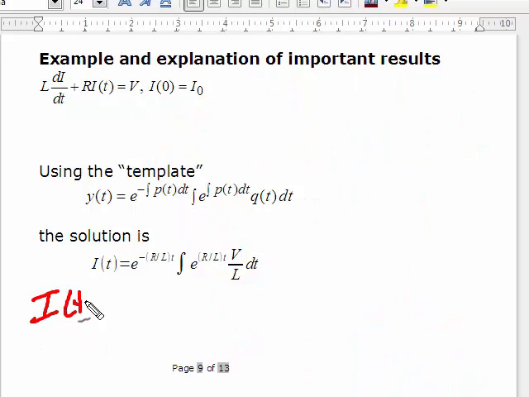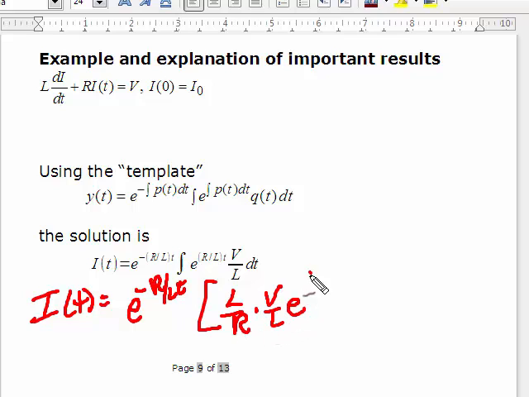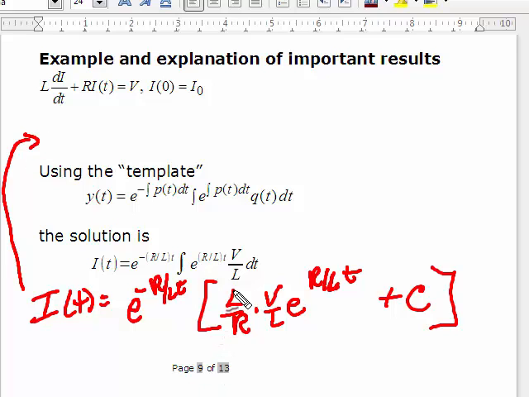If I carry out this integral, I'm going to have, again, e to the minus R over L times time sitting out here. And in here, you can work this out, I'll have L over R times V over L, e to the R over L t, plus some constant C. I've kind of run out of space here, so I'll go up to here and use this space.